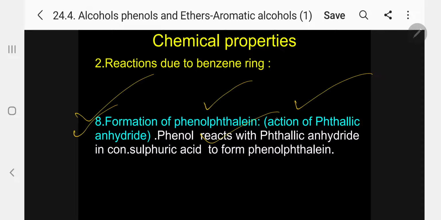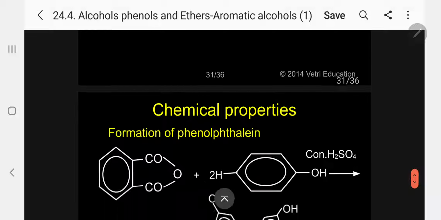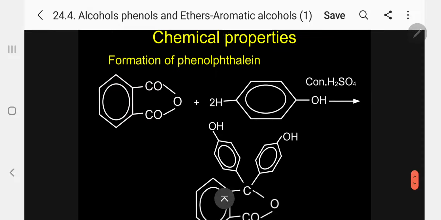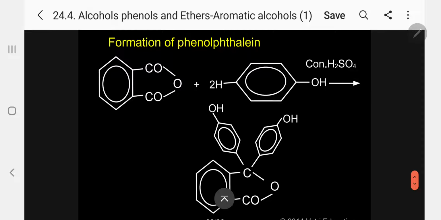Phenol reacts with phthalic anhydride in sulfuric acid to form phenolphthalein. Kindly follow me. The reactions, kindly follow. This is the formation of phenolphthalein. See here, phthalic anhydride. Here 2 moles of phenol undergo reaction. So what will happen now?